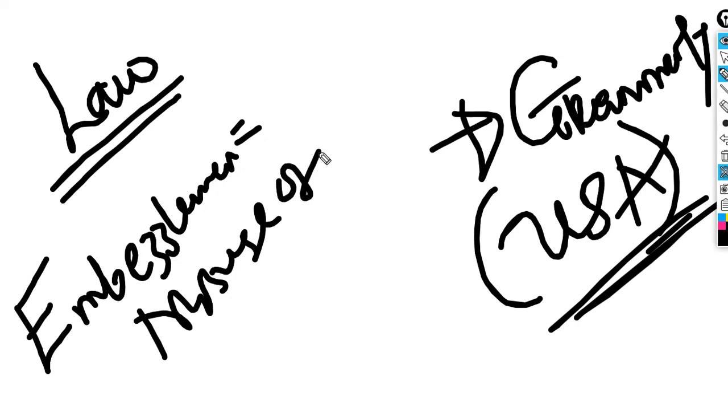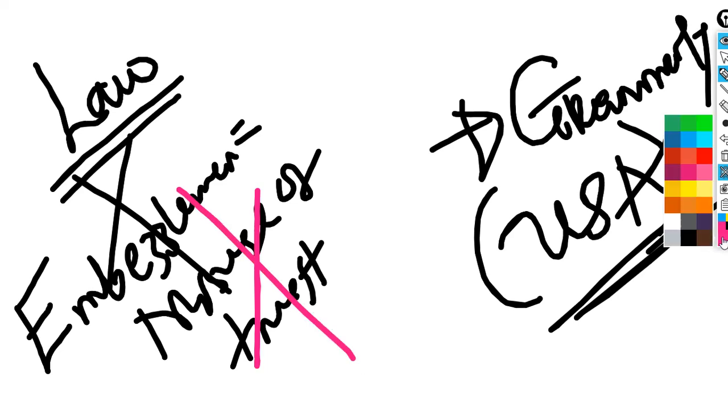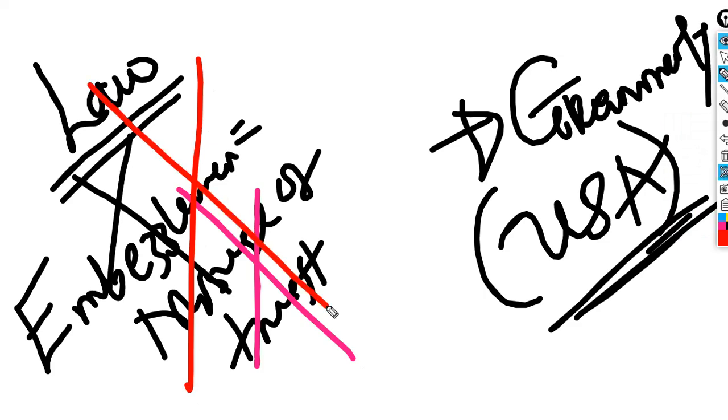So if you write an order and you end up writing misuse of trust instead of embezzlement, a client can say that is not what he applied for. So this one can easily be given an X. So know the right words to use unless stated otherwise. So vocabularies, especially for law, be careful.